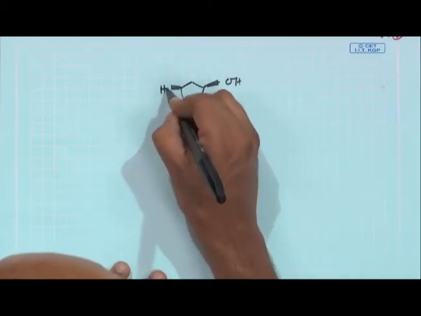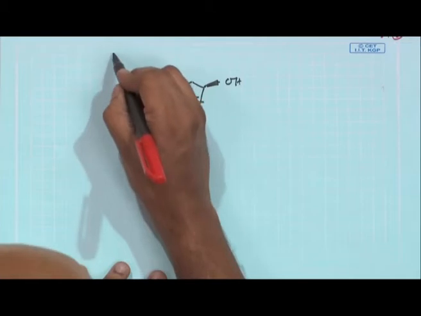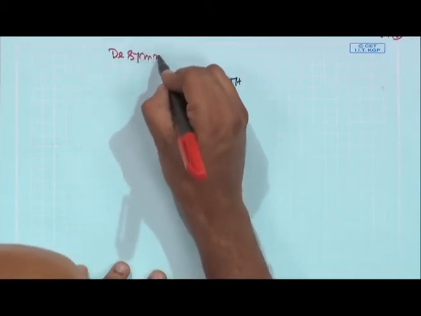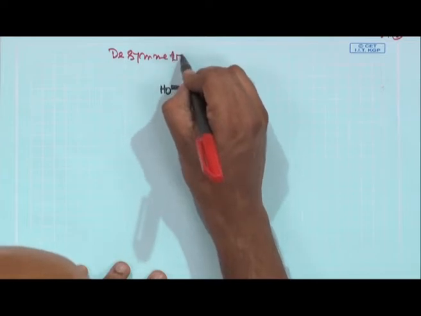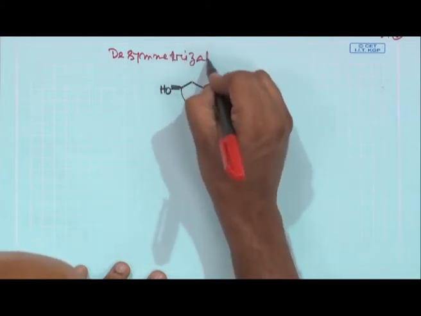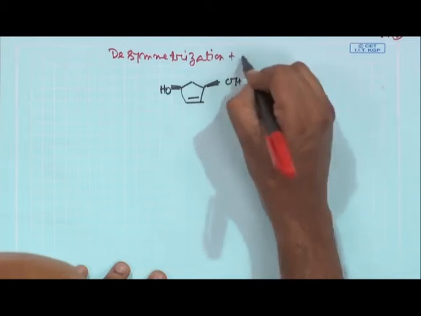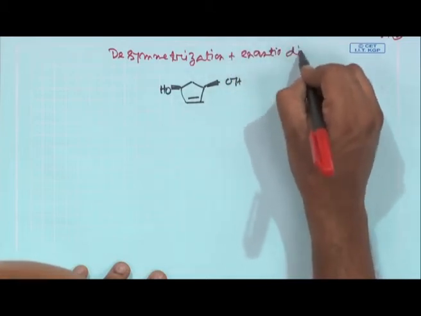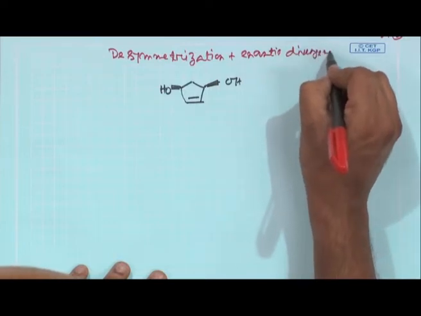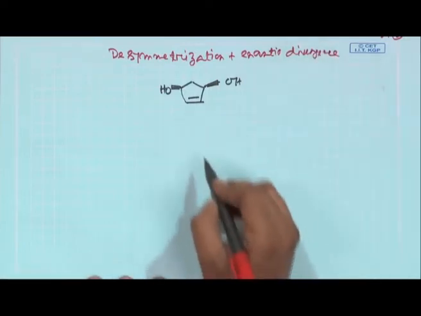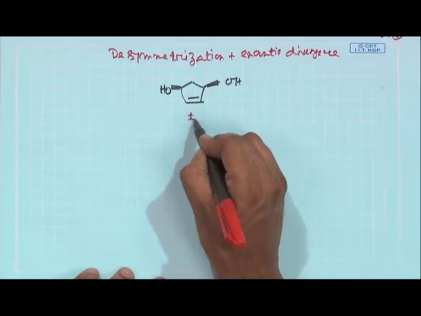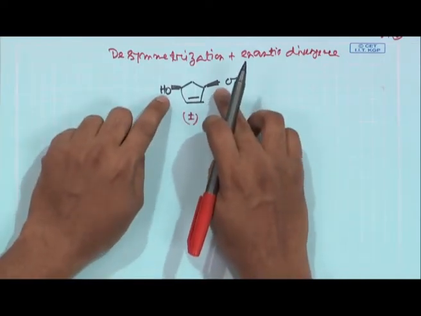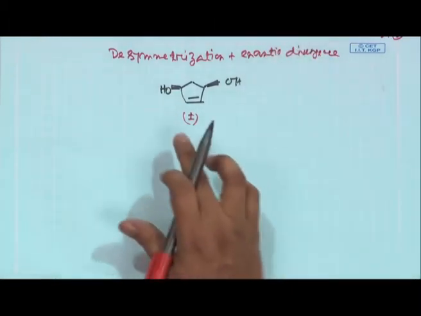This is a very nice example of desymmetrization coupled with enantiodivergence: desymmetrization plus enantiodivergence. The starting material which I have taken is the racemic one, meaning this isomer as well as its enantiomer are present.